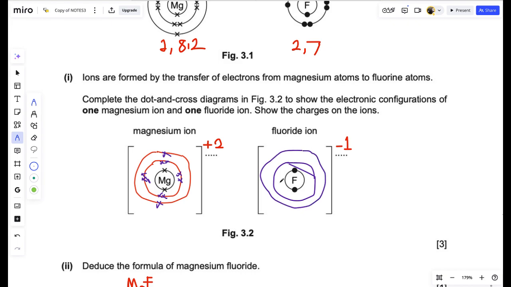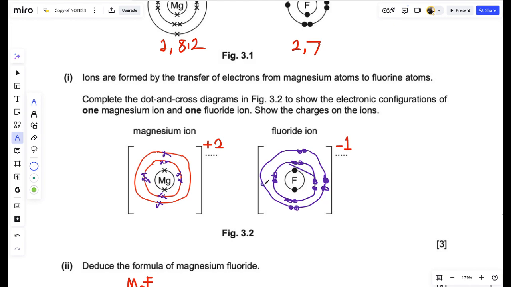So here we have 1, 2, 3, 4, 5, 6, 7, 8, and then here we have 7: 1, 2, 3, 4, 5, 6, 7.